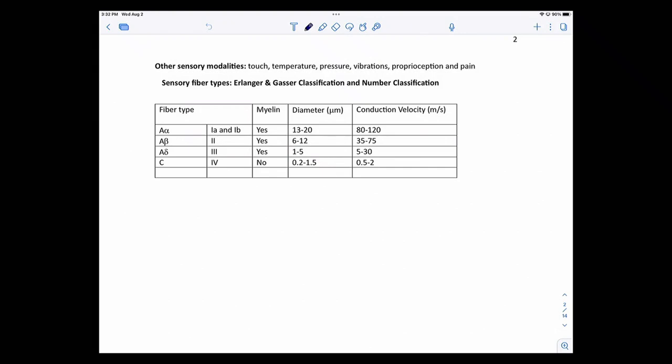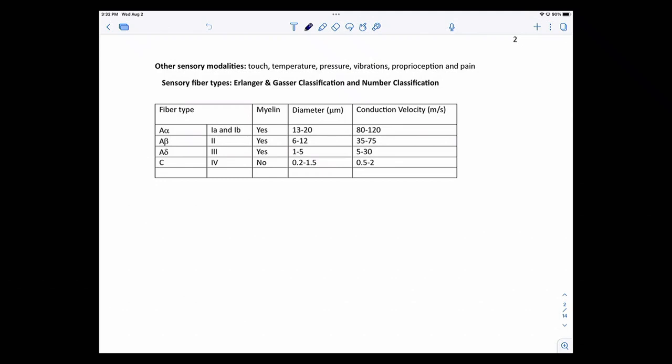I want to now pivot to the type of sensory having to do with skin and having to do with conscious sensation of maybe some of our visceral organs and joints and such. And we're going to spend the rest of the sensory block focusing in on that.